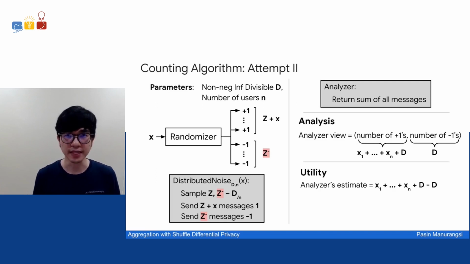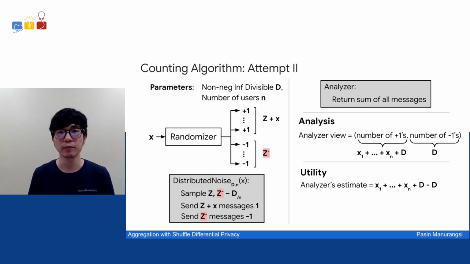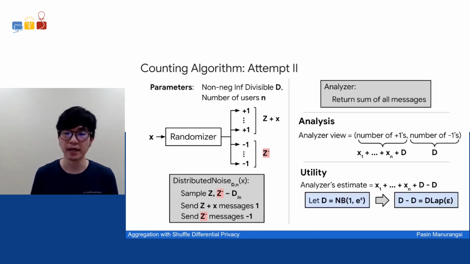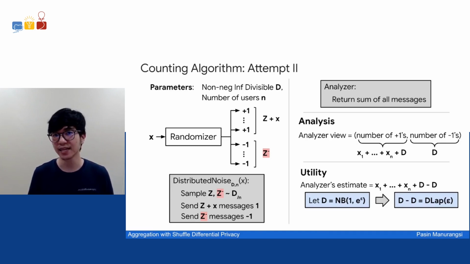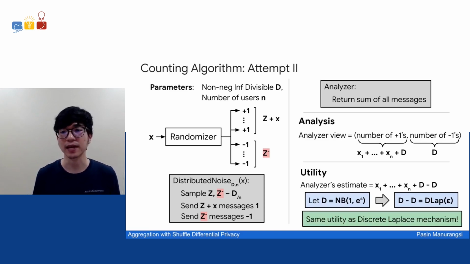In terms of the utility, since the estimate is just the sum of all messages, it will be the sum of x_i plus a copy of a random variable from D minus another IID copy. So if you take D to have an appropriate parameter, this D minus D term will be exactly the discrete Laplace. So you get the same utility as the discrete Laplace mechanism. Okay, so that's great. So far, so great.